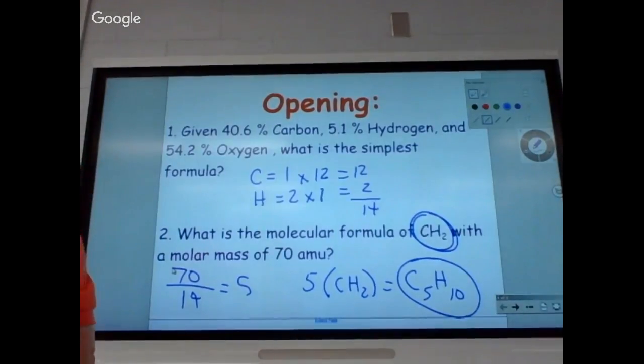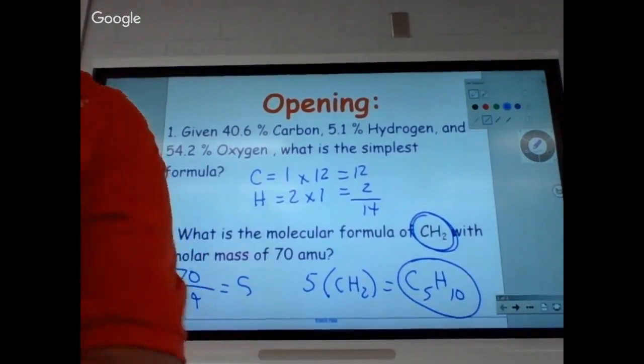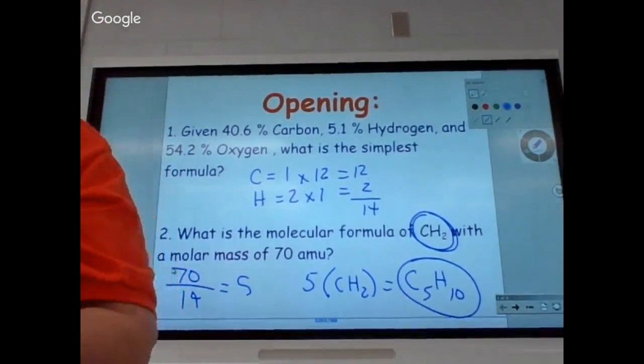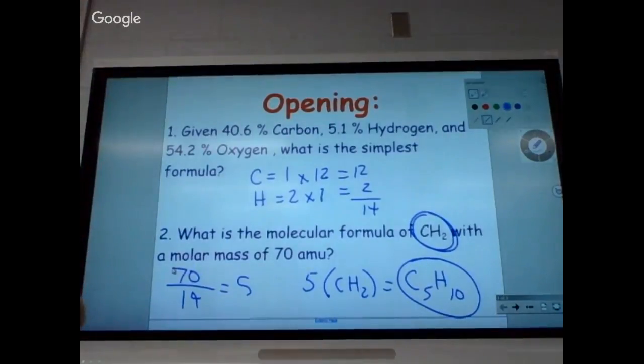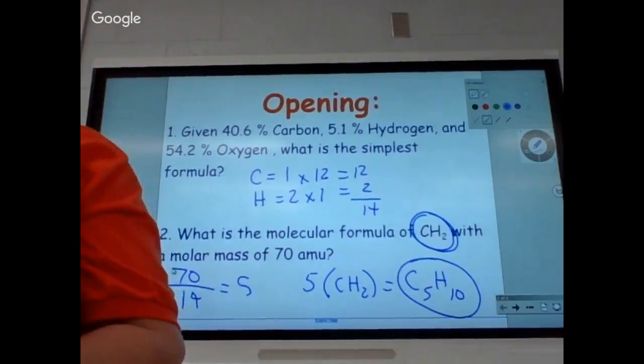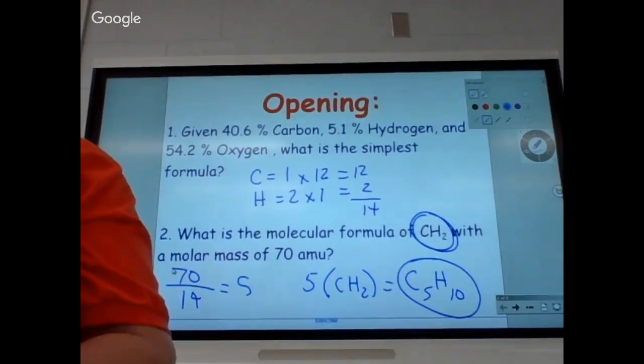Anybody? Okay, on the back side, number 1, N2O4. Number 2 is the one we just did, C5H10. Number 3 and 4 are like the 2 you're going to do on the lab today. These are the 2 we didn't get a chance to work in class, and I posted a video if you needed to see one that combined them. So number 3 would be C2H4O2, and number 4 would be C4H10O.